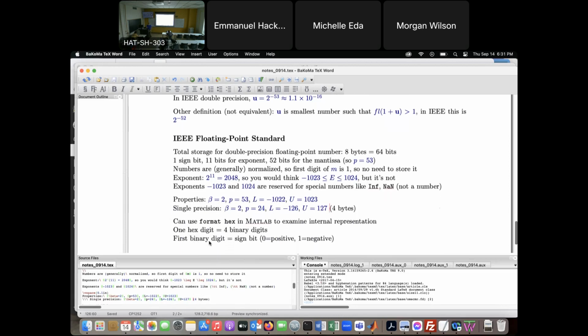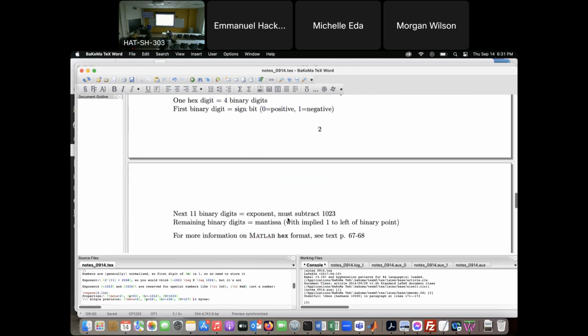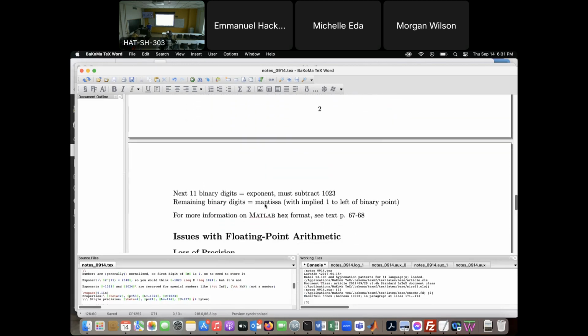The first binary digit is a sign bit: 0 for positive, 1 for negative. Next are 11 bits for the exponent, which gives you a number from 0 to 2047. You have to subtract 1023 from that to get the actual exponent value. All the remaining bits are the mantissa.